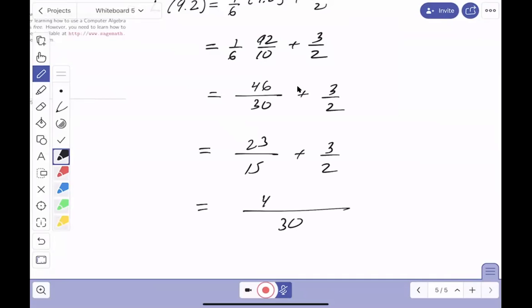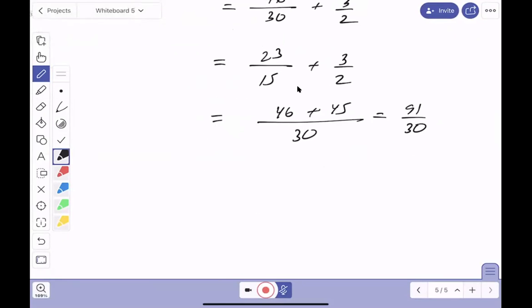Let's see, 46 and 45, which would turn out to be 91/30. All right, I'm going to say the square root of 9.2 is approximately equal to 91/30.